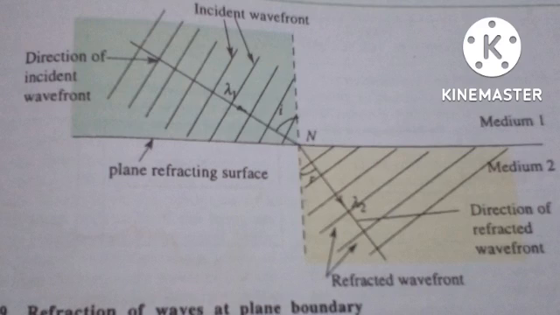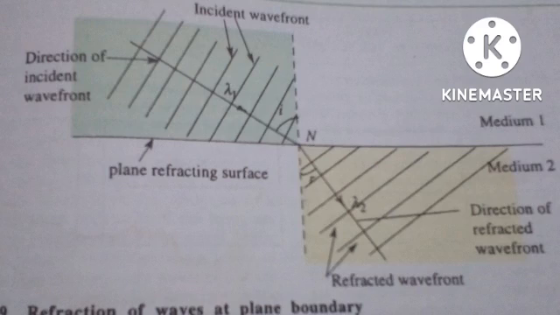Then the first medium is colored light green and the second medium is colored yellow to differentiate them. Now when the wave has crossed the plane reflecting surface, you can see that the wave now deviates from its direction. So this is the direction of the refracted wave and its deviation. And this is called the deviation of a light wave when it passes from one medium to another in the process known as refraction.